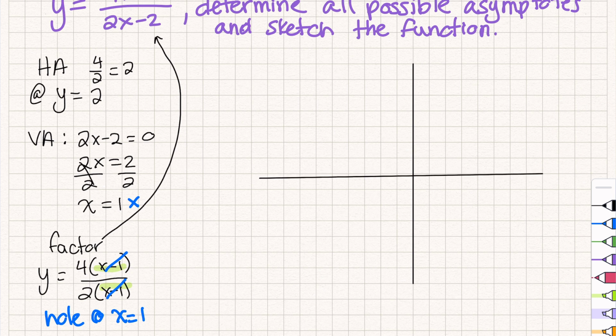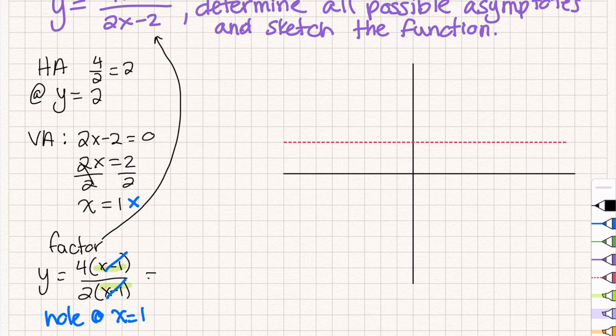So we have our horizontal asymptote at 2. And then this function is actually y equals 4 over 2, or 2.